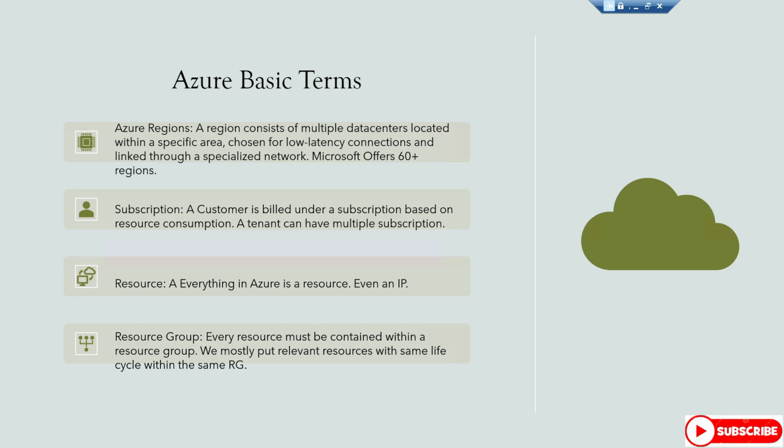Microsoft has 3 regions in India, and they would have multiple data centers. How Microsoft has defined it is there will be a geography, let's say India, and in that geography there would be multiple regions, and those regions may or may not have multiple data centers. So that's Azure Regions for you.